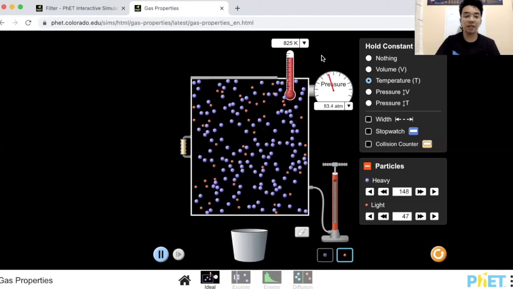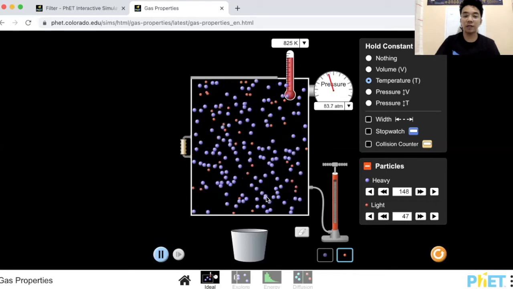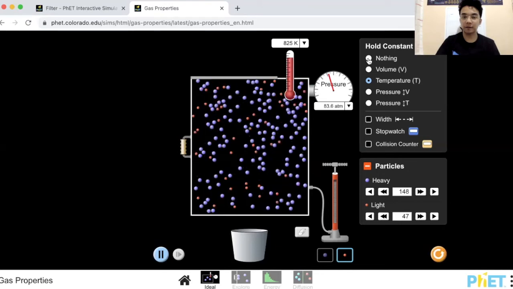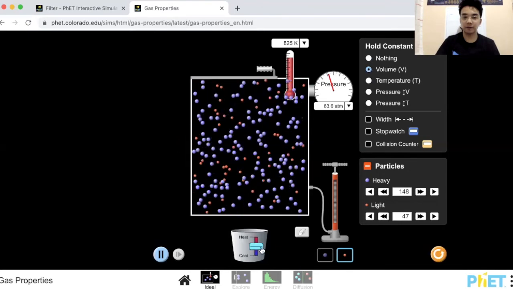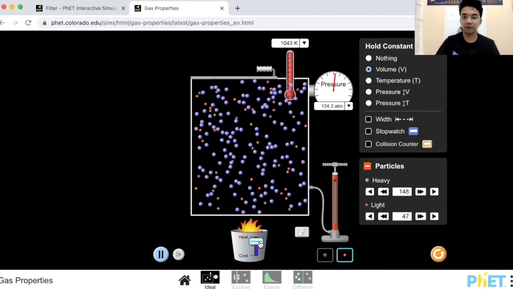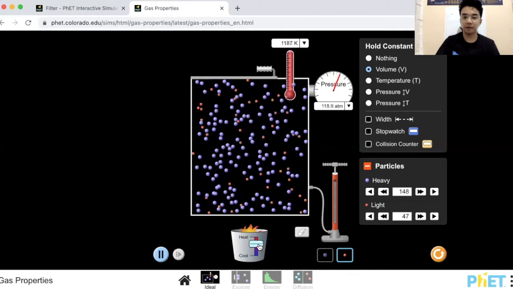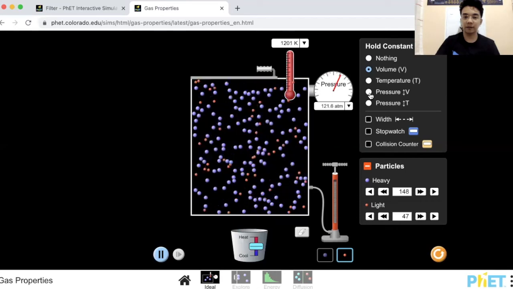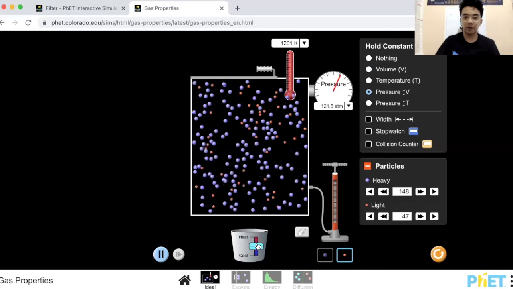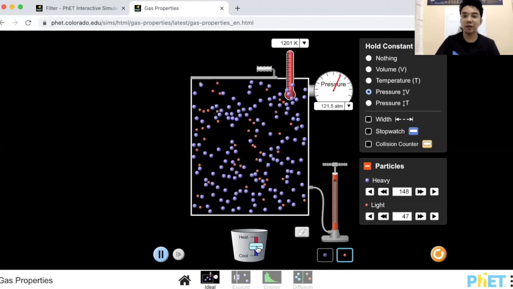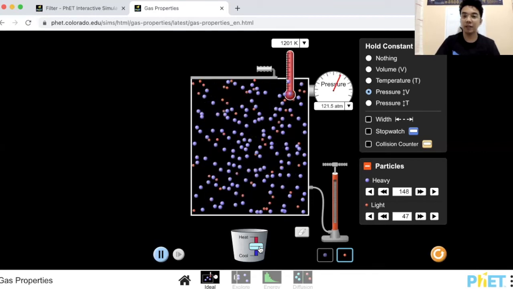What is happening to the pressure when we increase the temperature? On the other hand, what happens to the volume of the gas as we increase the temperature?